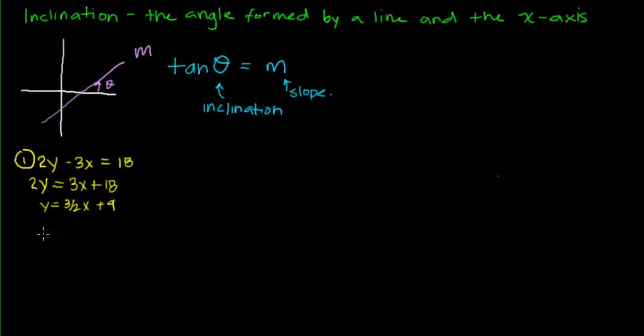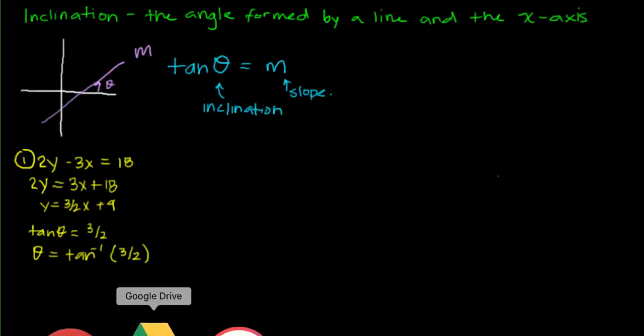Using this, we now know that the tangent of theta, the tangent of the inclination, has to equal 3/2. And now we solve this. We find that theta is equal to the inverse tangent of 3/2.